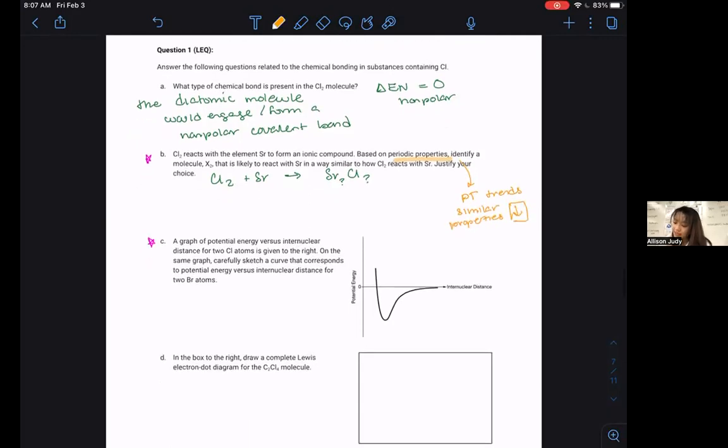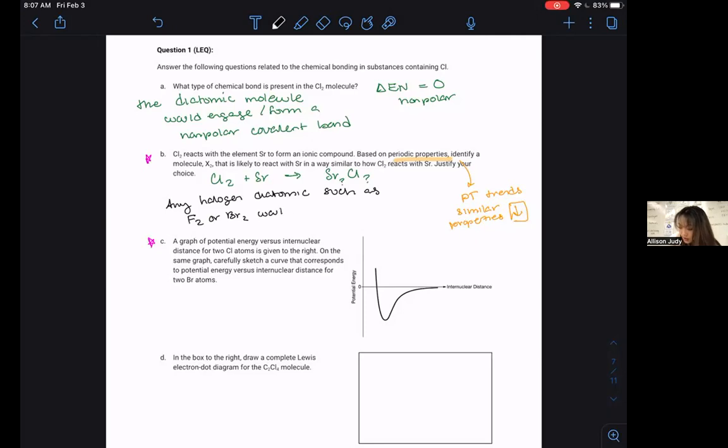So what is another diatomic molecule that would behave in a way similar to chlorine when it reacts with strontium? Well, another diatomic molecule would be any halogen diatomic, such as fluorine or bromine.